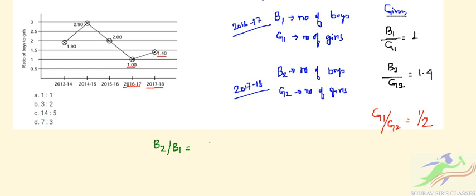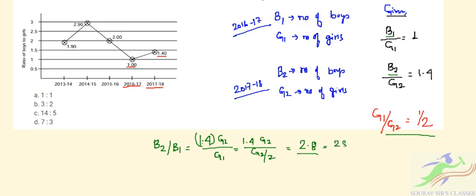So B2 by B1 is 1.4 times G2 by G1. G1 is nothing but G2 by 2, so this comes out as 2.8. In decimal form it is 2.8, in fraction we can write this as 28 by 10, or 14 by 5.